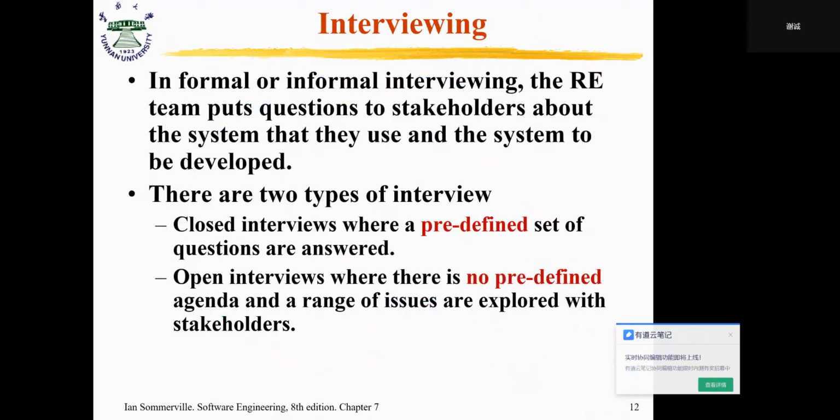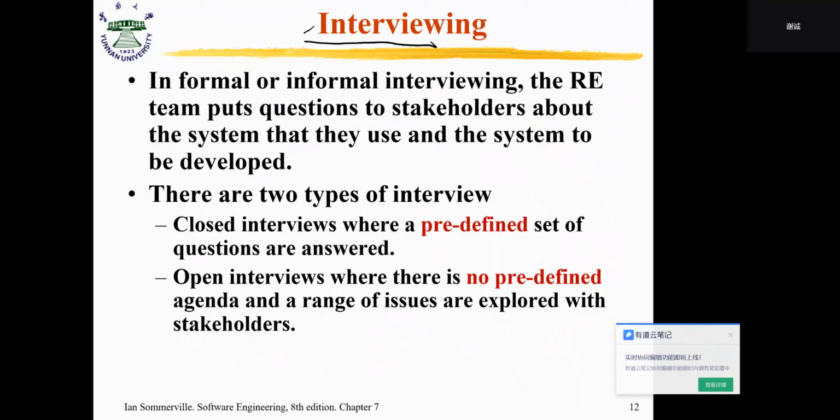I will tell you some methods for doing the discovery. This method is called interview. Interview is when you go to the customer and talk with different stakeholders.